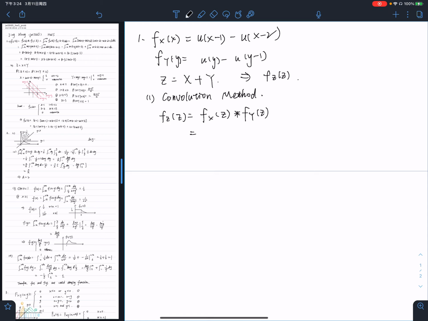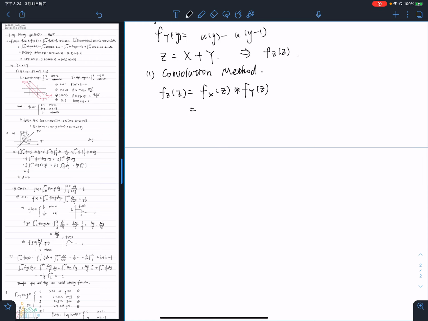By the definition of convolution, it is equal to the integral from negative infinity to positive infinity of f_x(alpha) times f_y(z minus alpha) d alpha.